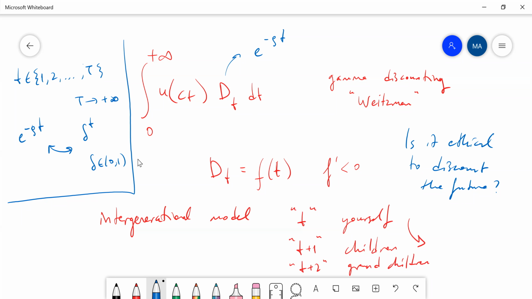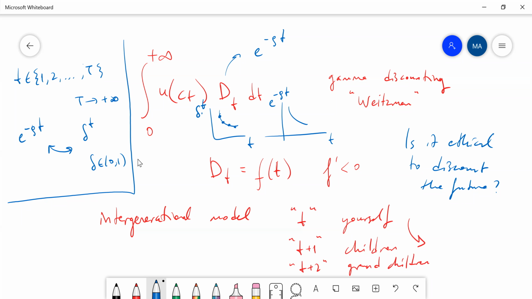Why is that form? Because in discrete time, if you look at these two formulas, let's say this is discrete time and this is continuous time, the pace of decrease is the same.